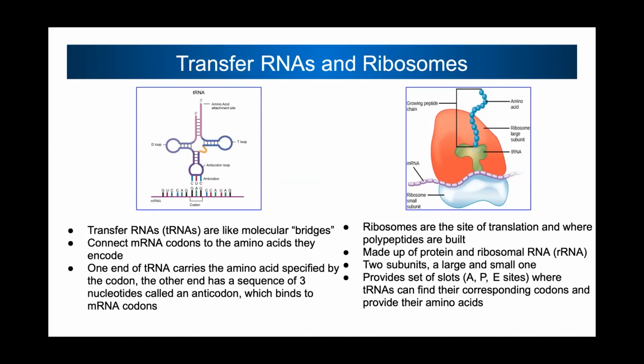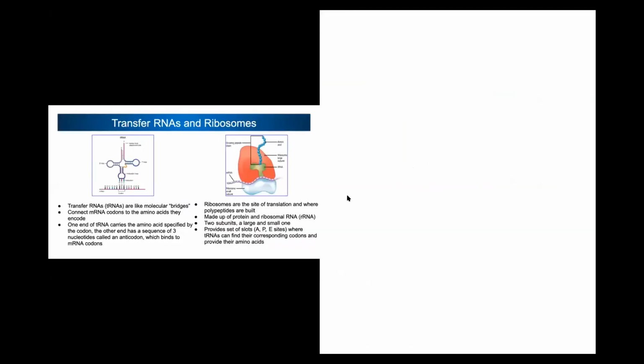One end of the tRNA carries the amino acid specified by the codon, and the other end has a sequence of 3 nucleotides called an anticodon, as you can see in the picture, here coding for CUG. They're called anticodons because they connect to the codons, and the letters correspond to the codon.